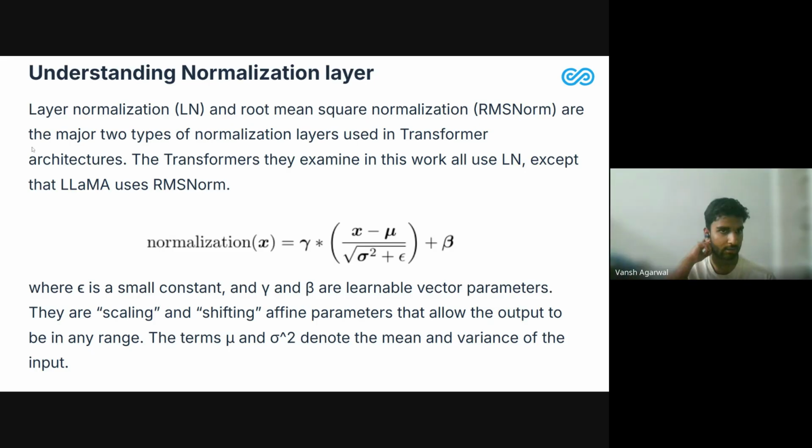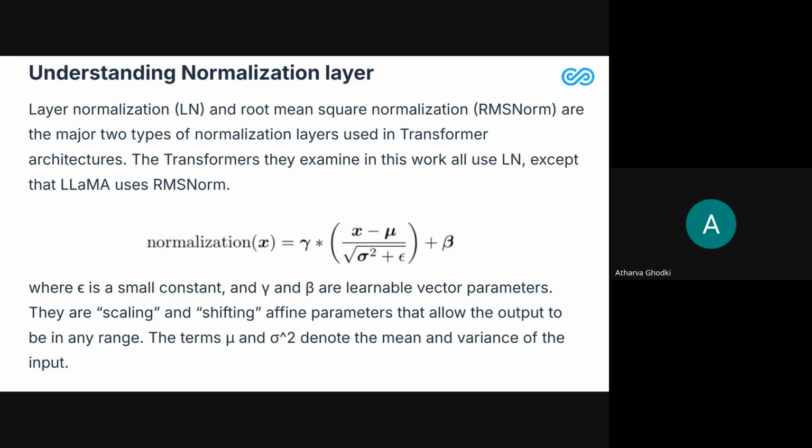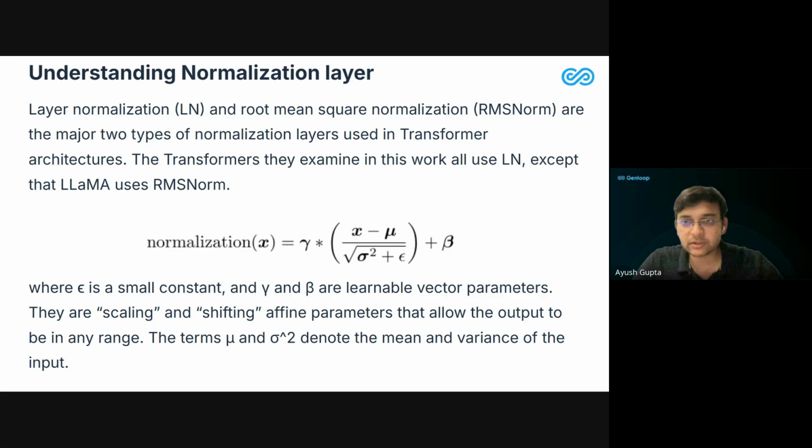Are you sure to say normalization is similar to standardization in this scenario? That's a similar intuition. Standardization of inputs is one of the benefits that normalization is giving.